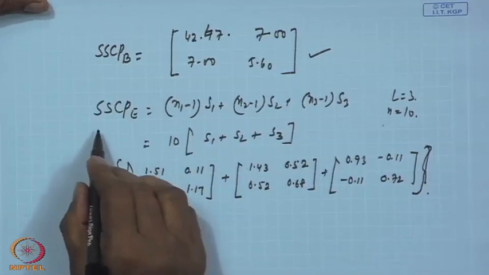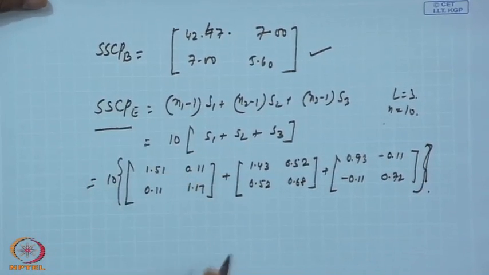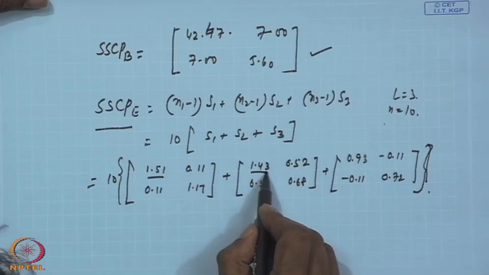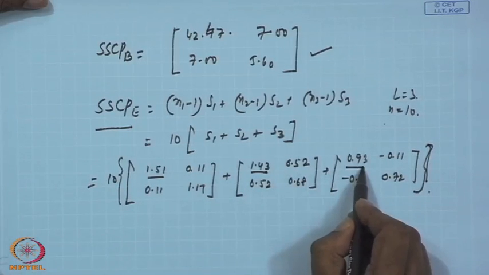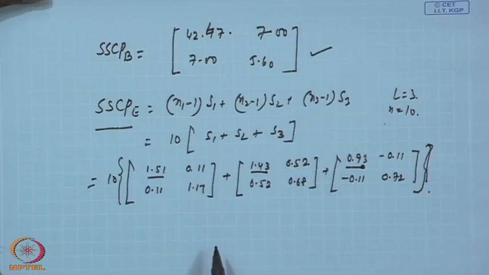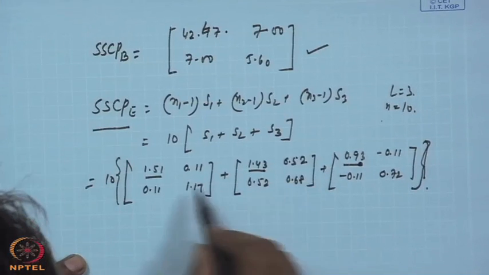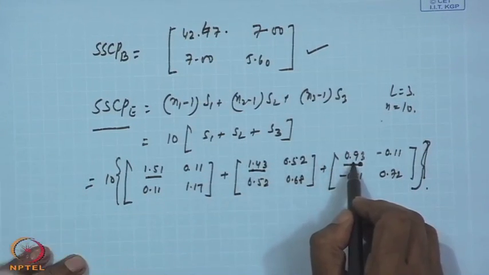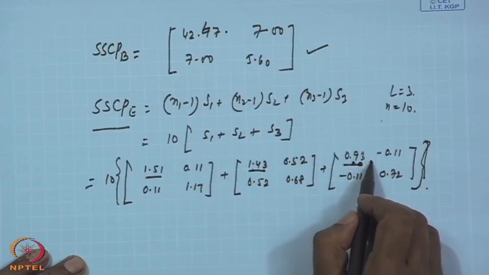This is your SSCP E, and if you see 1.51, 1.43 and 0.93, if you add, what values will you be getting? 15, 14, the 29 plus 9, almost 33 point something you will be getting.